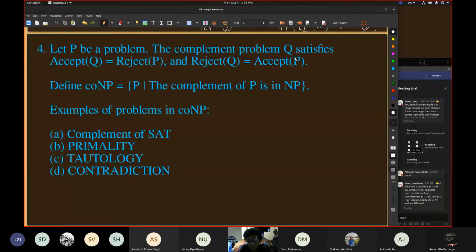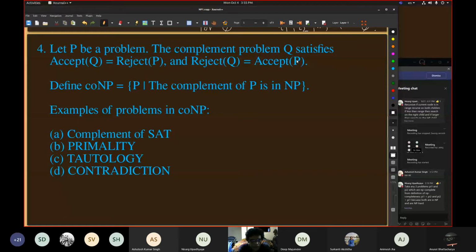Because reject P and accept P are well defined, the complement problem Q is also well defined given P.